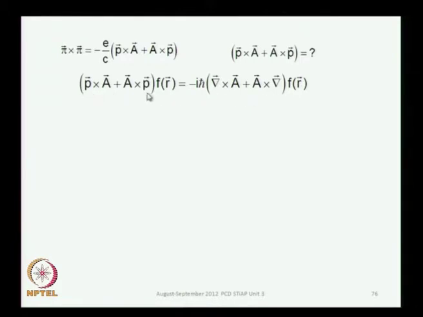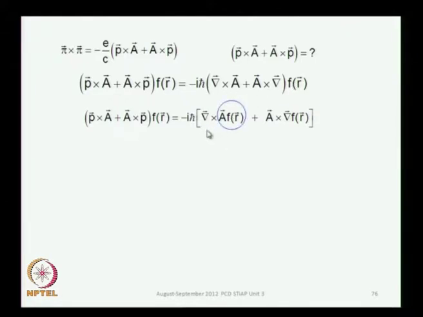The momentum operator, of course the gradient operator, is minus i h cross del, and there are two terms on the right side. This is the first term, del cross A operating on f, but this is the curl of a product of two functions. A itself is a function of R.